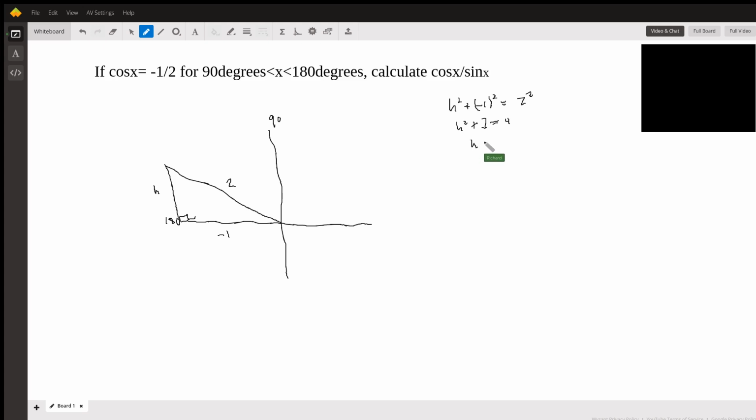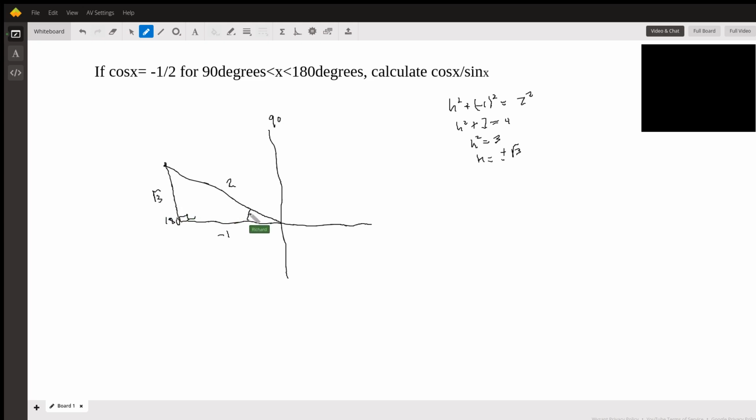So h squared plus 1 is going to be equal to 4. So h squared is equal to 3, and so h itself is going to be plus or minus the square root of 3. Because we're in the second quadrant, we know that this is positive. You can see the y value will be positive here for this point. So I'm going to erase the h and put in a √3.